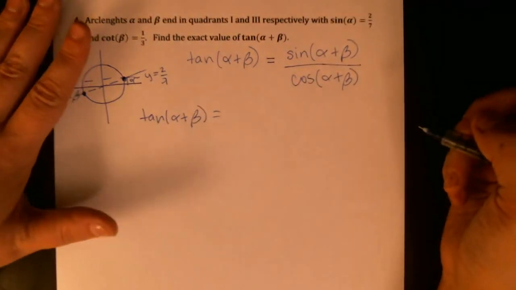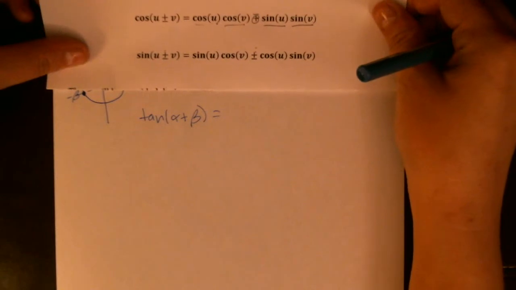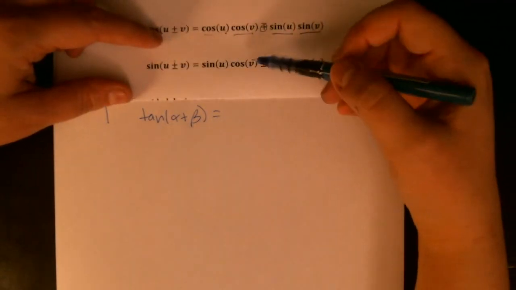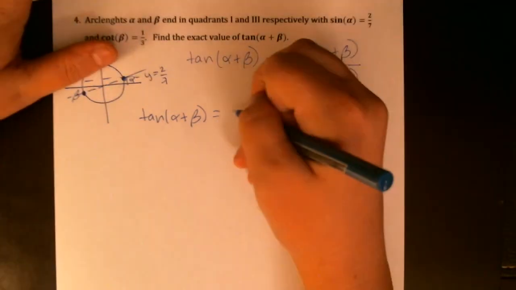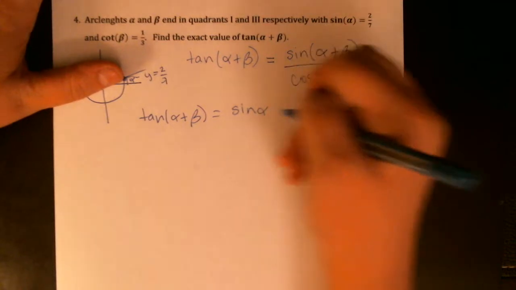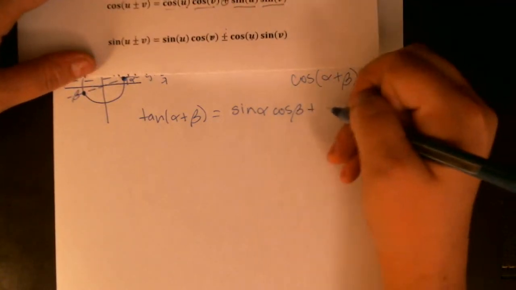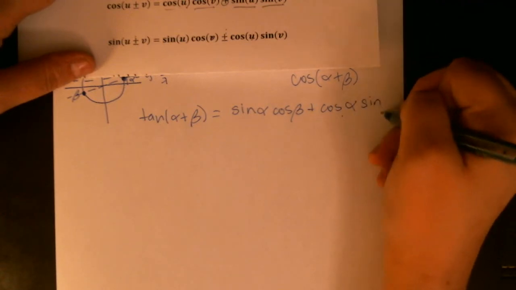is going to equal sine of alpha plus beta. Let's see where I ditched my formulas sheet for you. So sine of alpha plus beta is going to give us sine alpha cosine beta plus cosine alpha sine beta. Okay, so we're going to start with a sine alpha cosine beta plus cosine alpha sine beta.